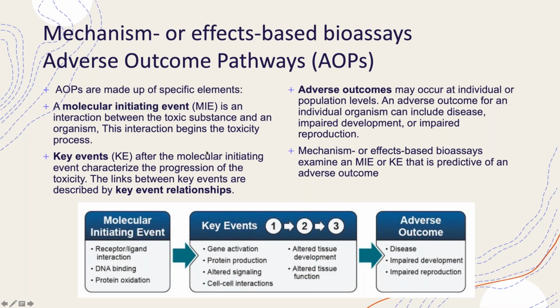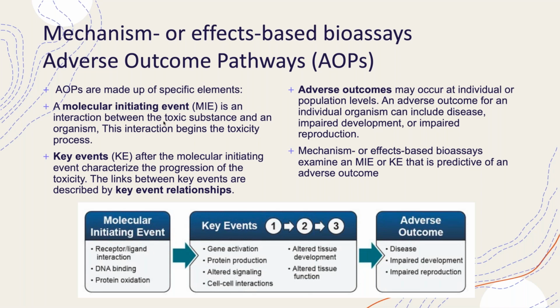So the first event that occurs in an adverse outcome pathway is a molecular initiating event. And so this is the chemical interacting with the organism, in particular a macromolecule within the target cell of that organism. And this interaction between the chemical and this molecular initiating event starts a series of events within that target cell. And these are called key events.